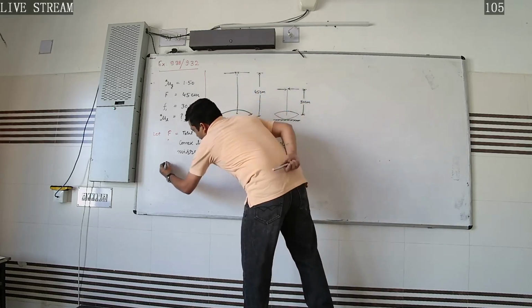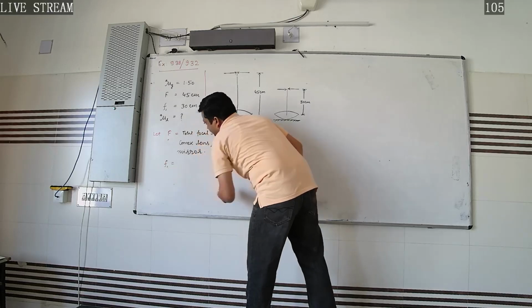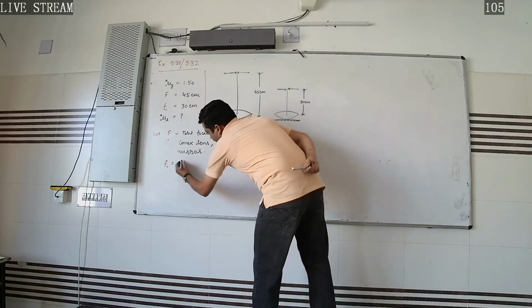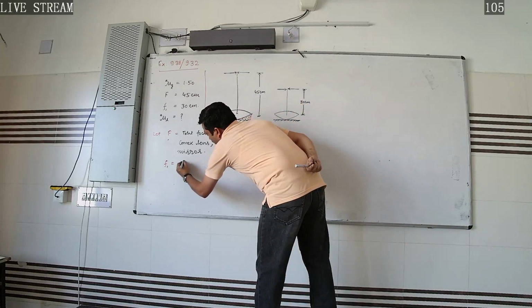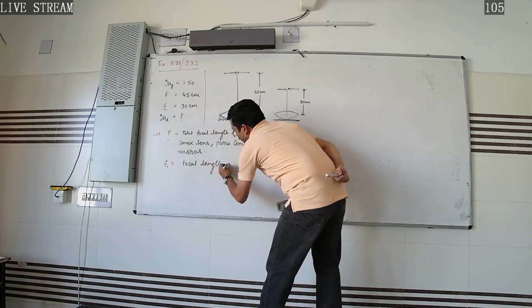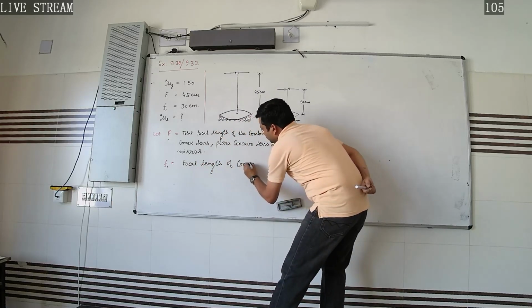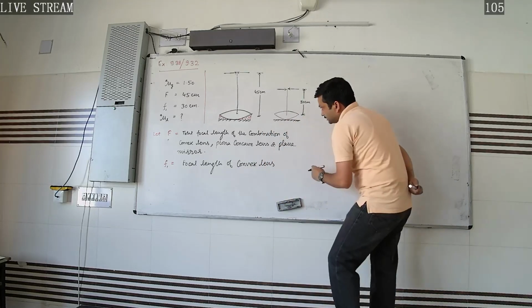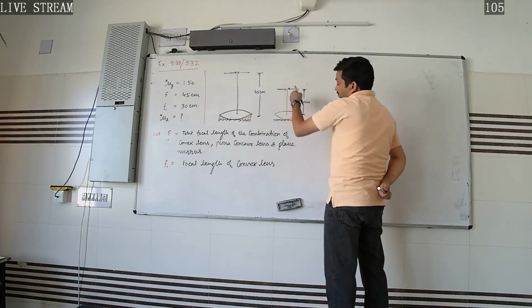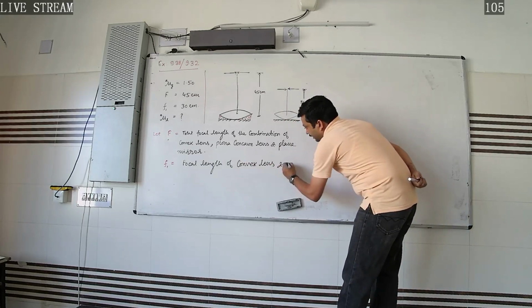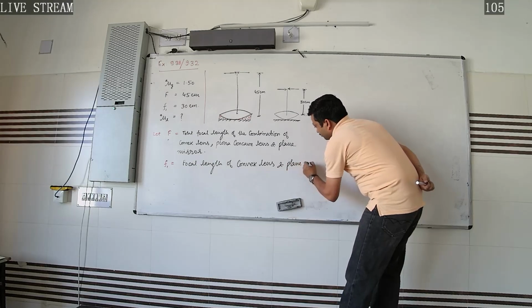Now what about f1? We have considered f1 as the focal length of the convex lens only. Simultaneously a mirror is there, as a result of which we are able to see its real image. f1 is the focal length of the convex lens and plane mirror.